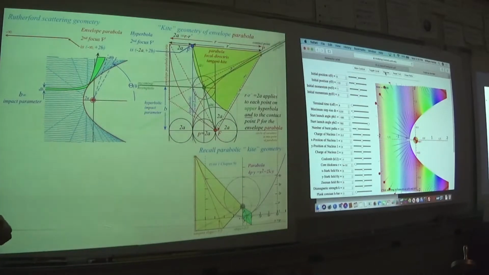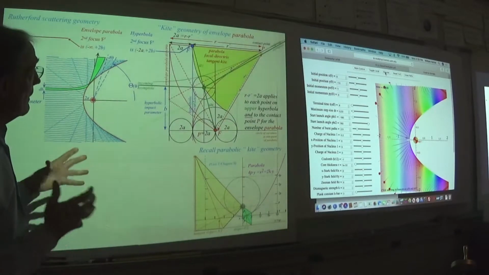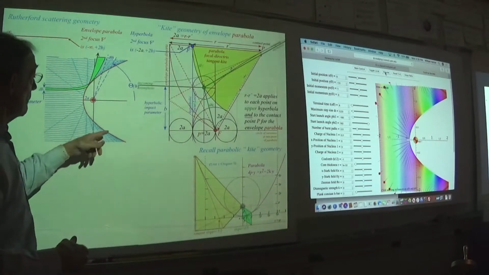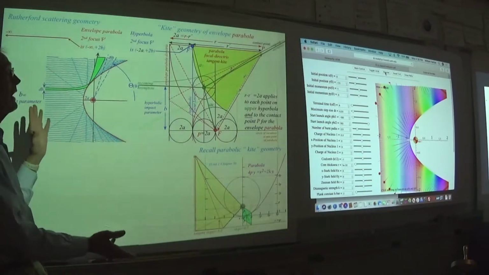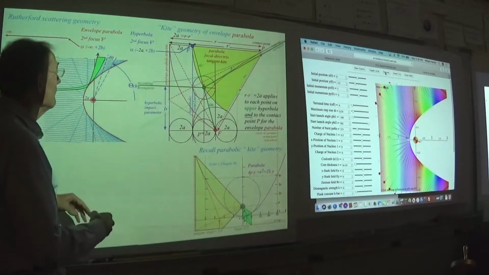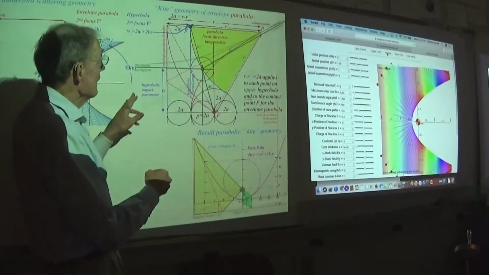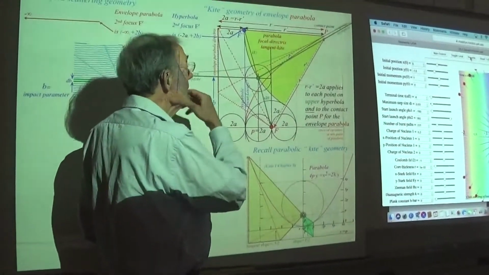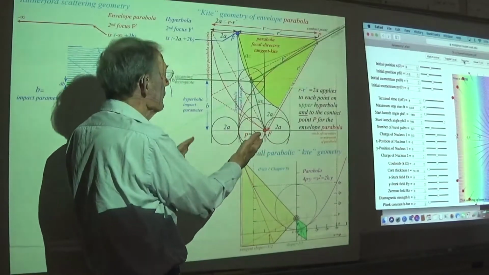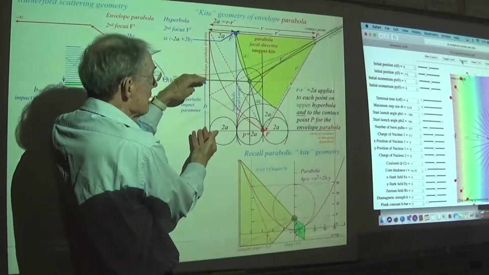The other part of this story that makes the envelope, that shows that it's parabolic, is this. The basic idea here is that every one of these is the incoming asymptote for this particular case. It's a pretty big impact parameter right here.